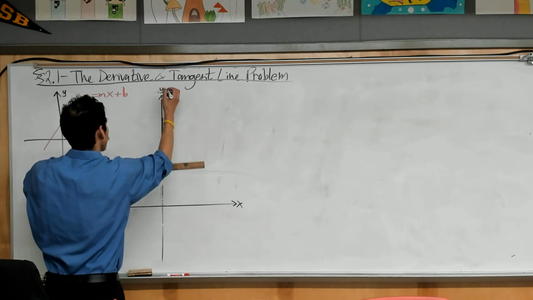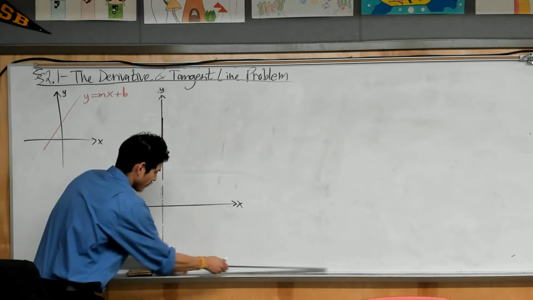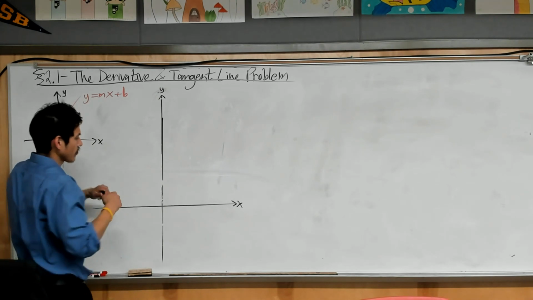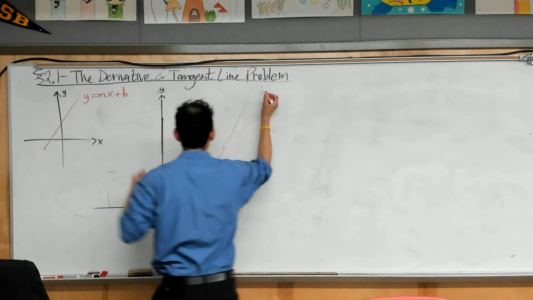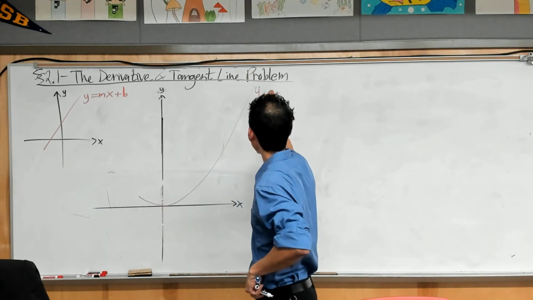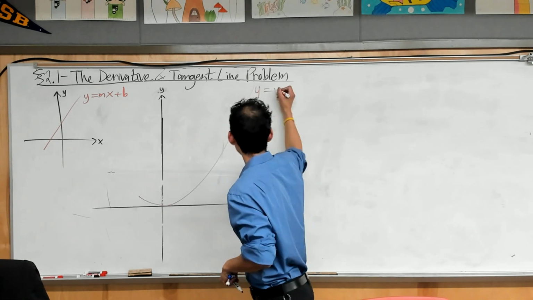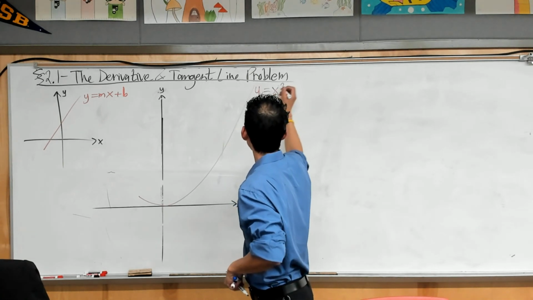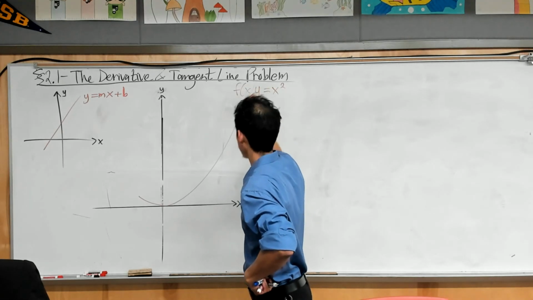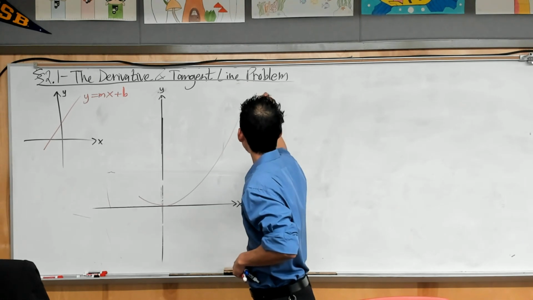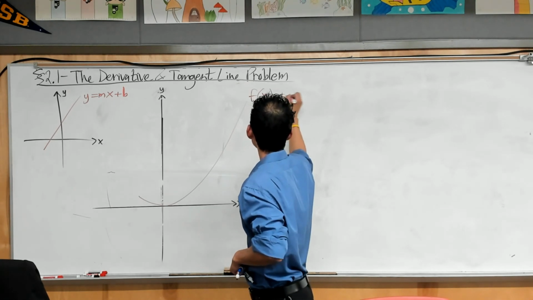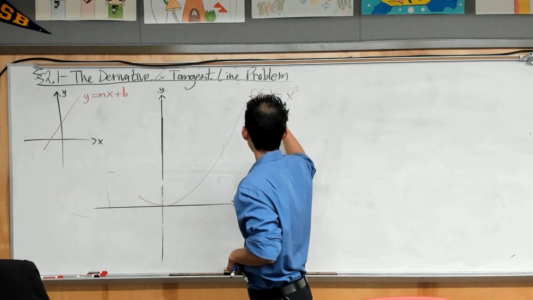And then we have the famous parabola, a curve-looking line, right? Y equals mx plus b, or y equals x squared, or f of x equals x squared, right?